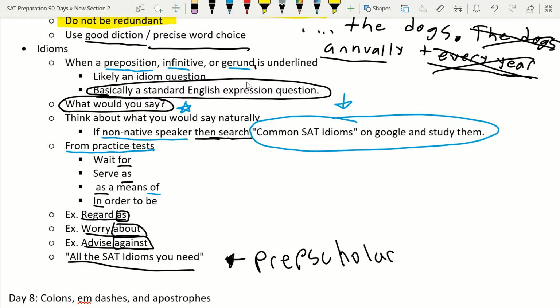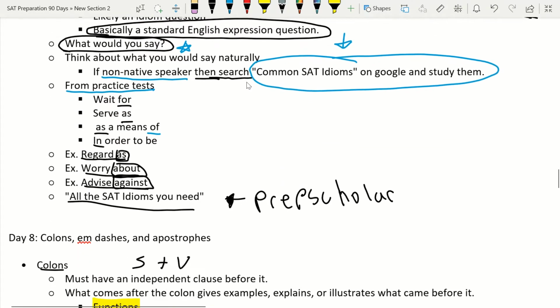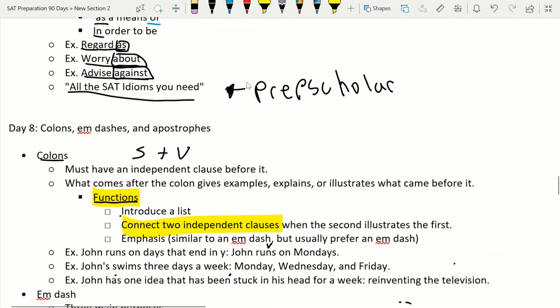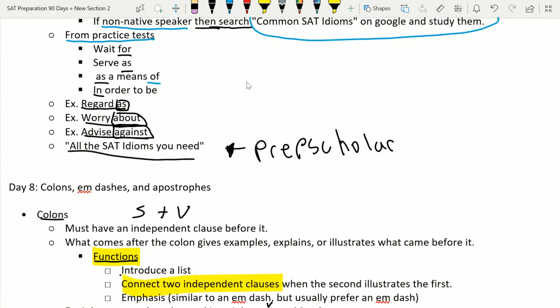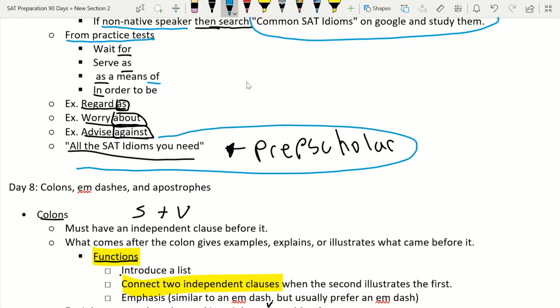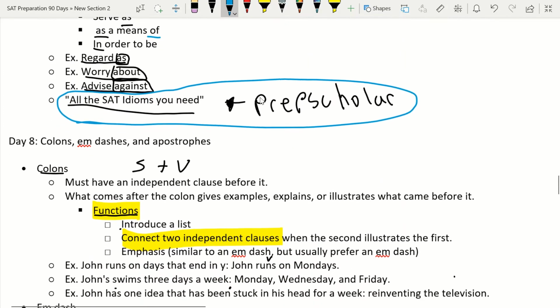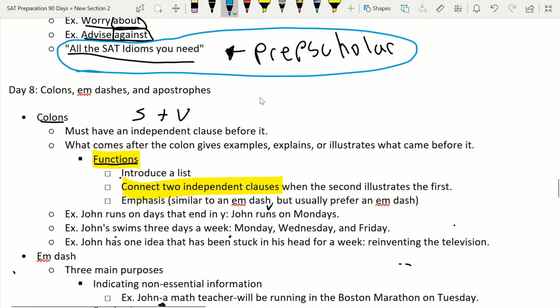You don't need to do much work other than thinking, what would you naturally say? Some other examples are regard as, worry about, advise against. Once again, if you want more idioms and you're really shooting for that 1600 or something like that, you can look up all the SAT idioms you need on PrepScholar. But like I said, if you've been speaking English all your life, your parents are fluent, and you grew up in a household that spoke English all the time, you're probably good.